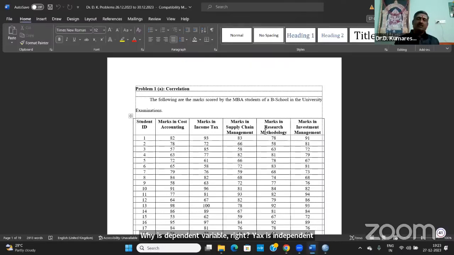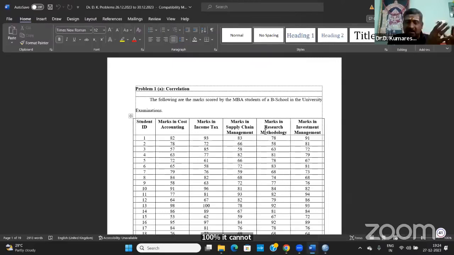Okay. Then what is A and B? You know, the independent variable is there, no? We cannot say the dependent variable is influenced 100% by the independent variable. 100% it cannot influence.